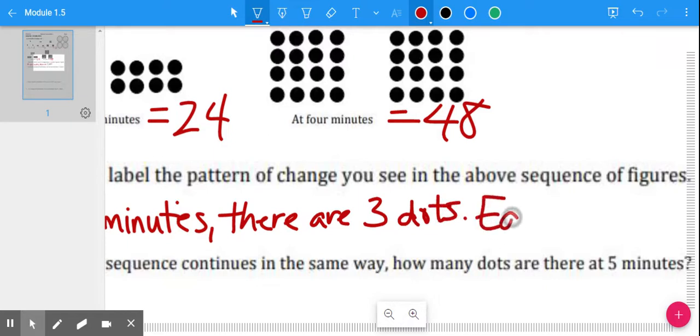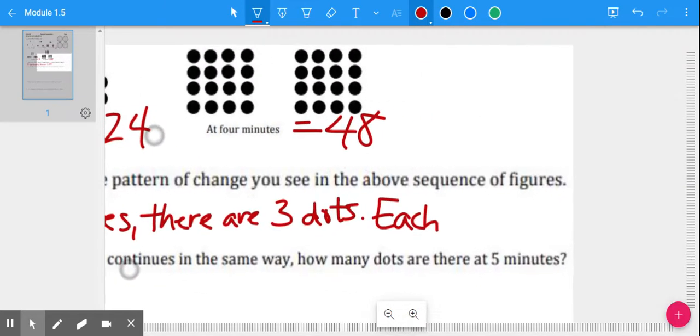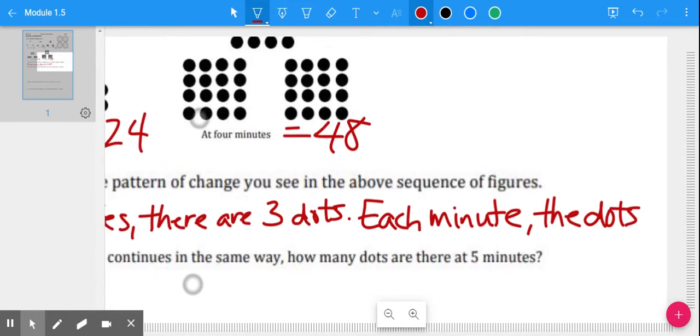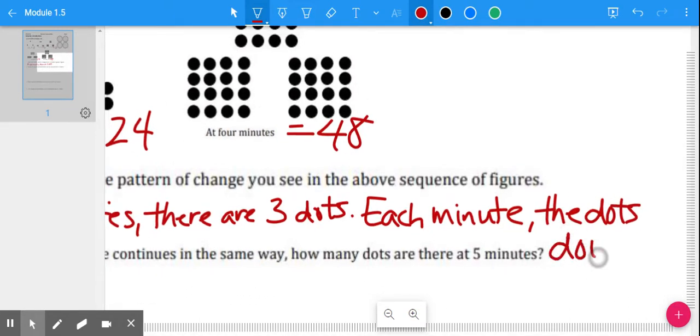Each minute, the dots double, which means multiplies by 2.